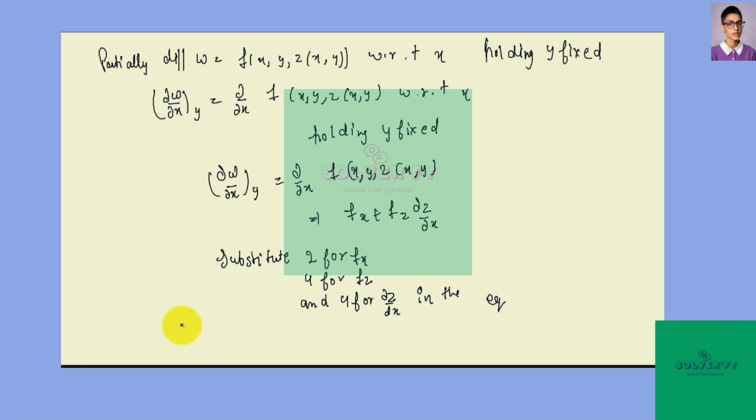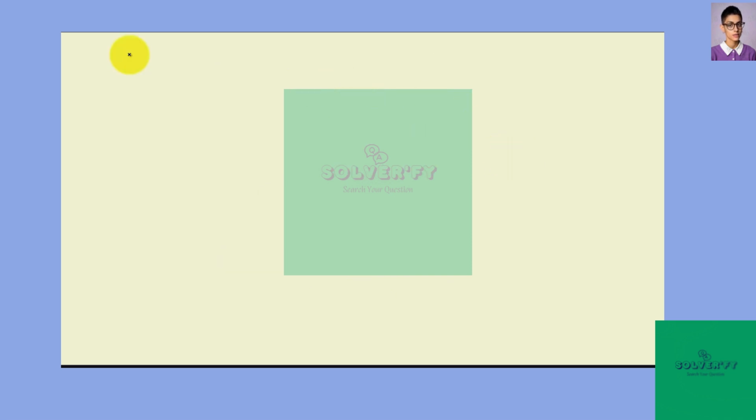When we put these in, ∂ω/∂x holding y fixed is equal to f_x plus f_z ∂z/∂x, which is 2 plus 4 times 4, equal to 18. This is the result of the first equation.